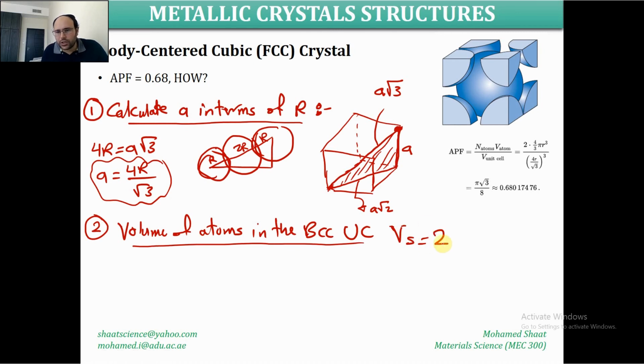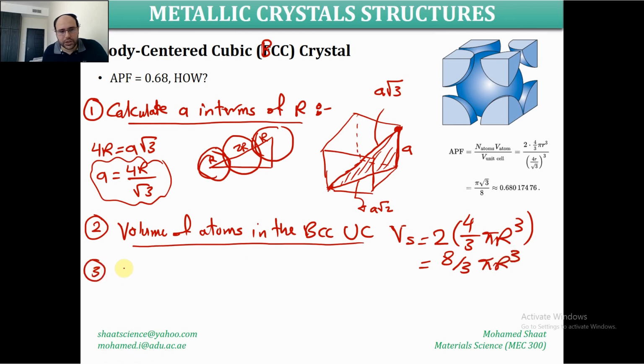This is going to be 2 atoms because we agreed in BCC crystal structure we do have only 2 atoms. 2 atoms times 4 divided by 3 pi r cube, which is the volume of the sphere. So this is going to give us in total 8 divided by 3 pi r cube. This is the volume of the atom.